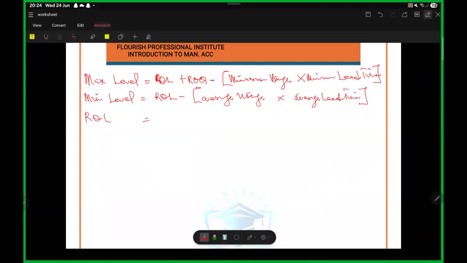To find your reorder level, we consider the maximum usage times your maximum lead time.